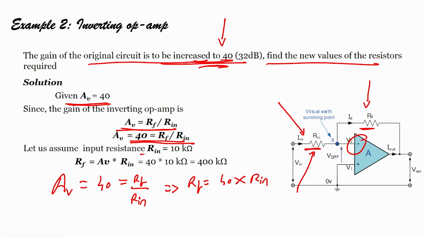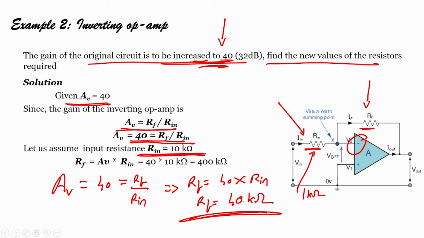If I assume Rin to be 10 kilo ohm, my RF would be 400 kilo ohms. Very easy, super easy. If I consider Rin as 1 kilo ohm, then my RF would be 40 kilo ohms.